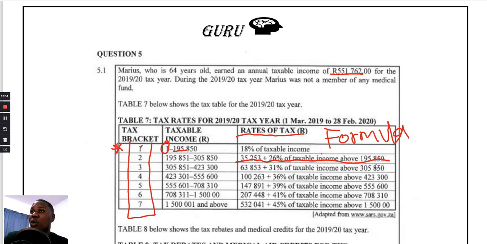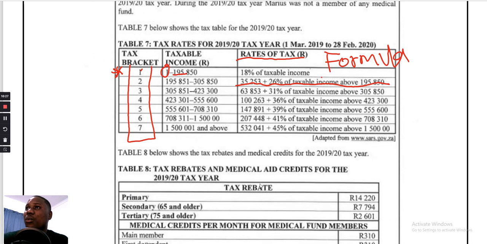So when you look at this, what is important is for us to be able to substitute clearly. If you check, I'm just going to use the second one here with 35,000. This says 35,253 plus 26% of.